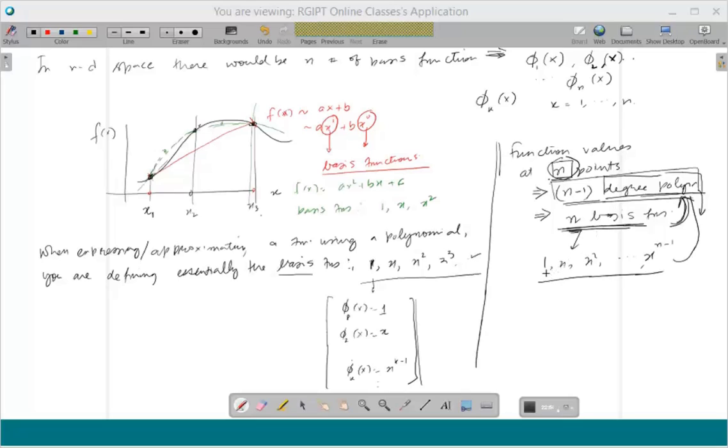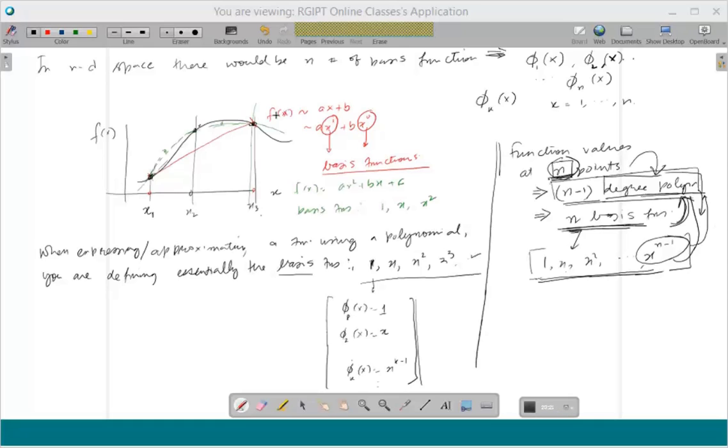If I choose those n basis functions to be 1, x, x squared and so on, the n-th one ends up at x raised to n minus 1. If you construct a polynomial from these functions, that will be an n minus 1 order polynomial. So that's why if you have n points, you are approximating using an n minus 1 degree polynomial. Therefore 2 points is like your first order line, 3 points a parabola, and so on.